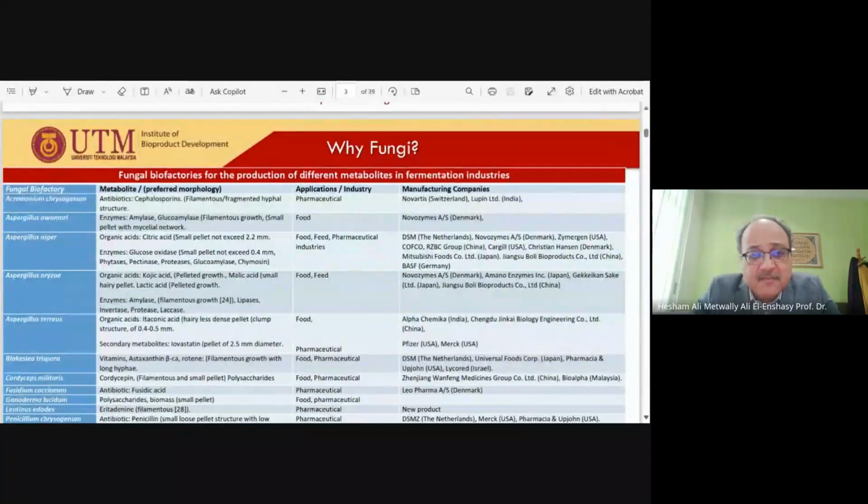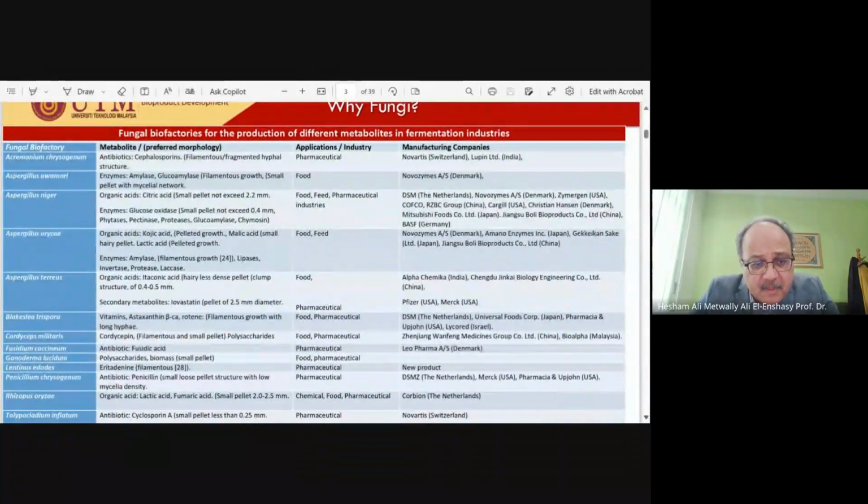You can find here some information on the link between products and morphology, even for wild type strains. For Rhizopus oryzae, for lactic acid and fumaric acid production, the smaller the pellet the better, between 2 and 2.5 millimeter diameter. Tolypocladium inflatum, which produces cyclosporine A, an immunomodulator and antibiotic compound, needs smaller pellets, not less than 0.25 millimeter diameter.